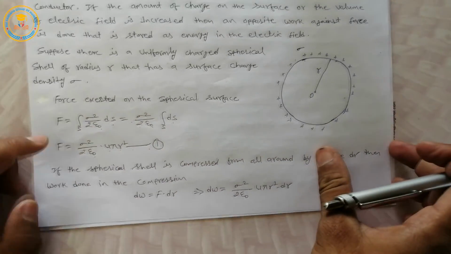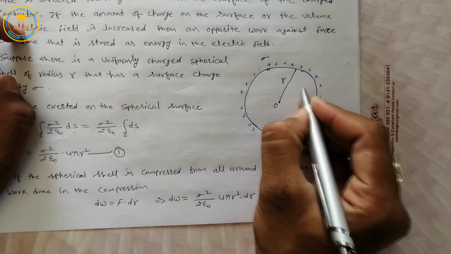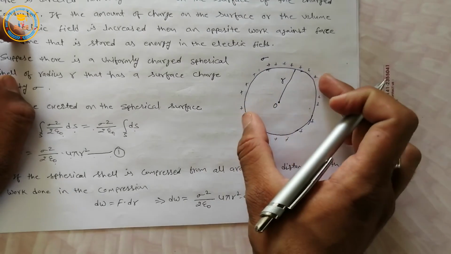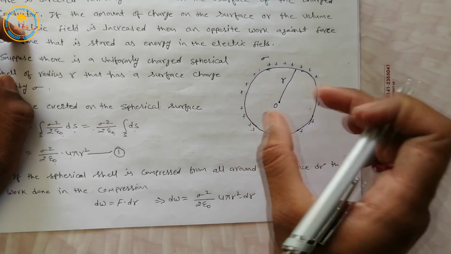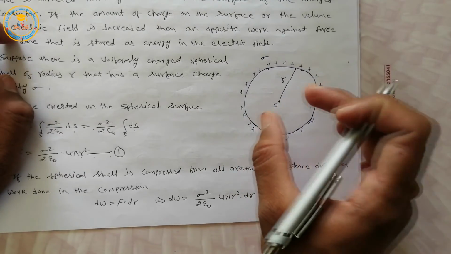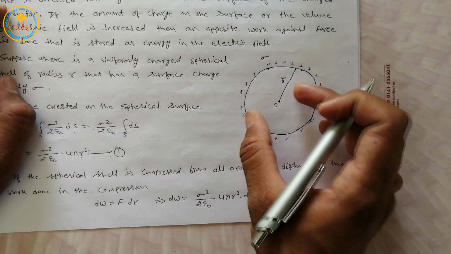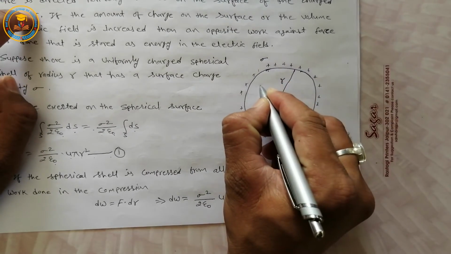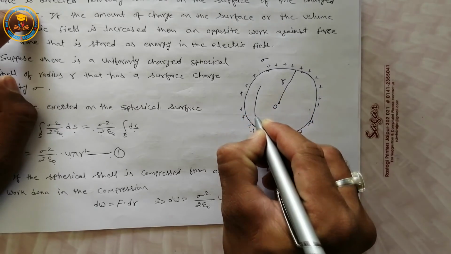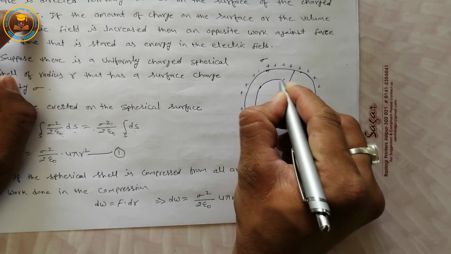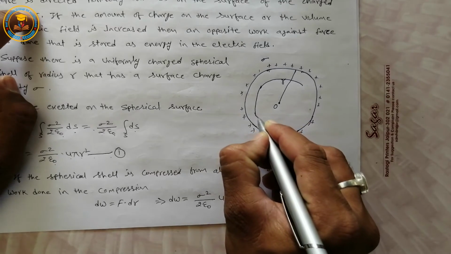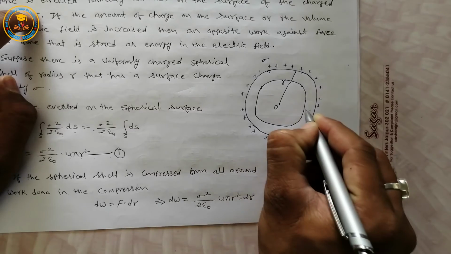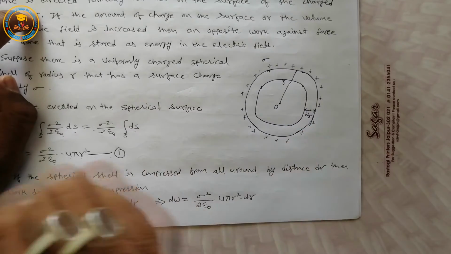If the spherical shell is compressed from all around, because we increase the volume of the electric field, so we compress this spherical shell by a distance dr. Okay, this distance dr.